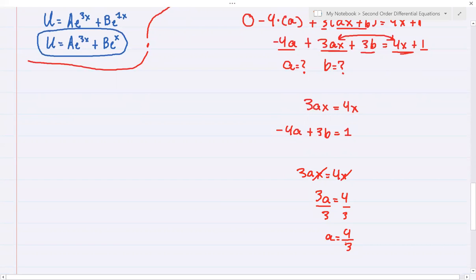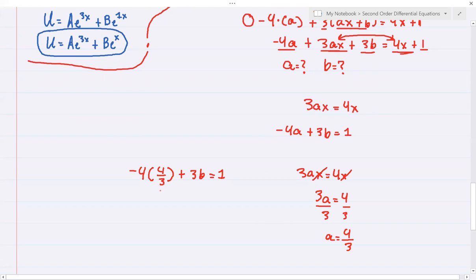So since we have a is equal to 4 over 3, we can now further substitute it here. So we will have negative 4 times a, 4 over 3, plus 3b is equal to 1.